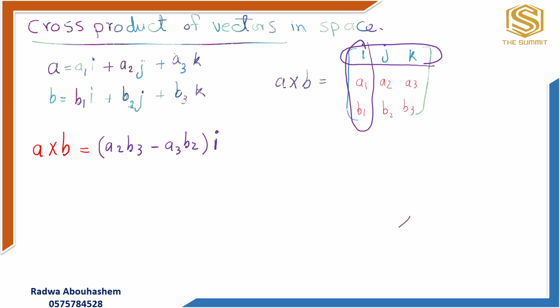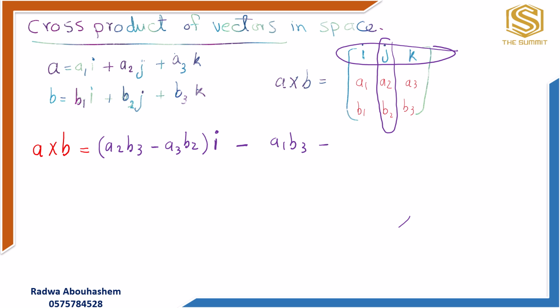Okay, then let's say that we don't see now the j column and the j row. Here, forget about this row and this column. So then let's cross multiply: A1 B3 minus A3 B1. This is j.